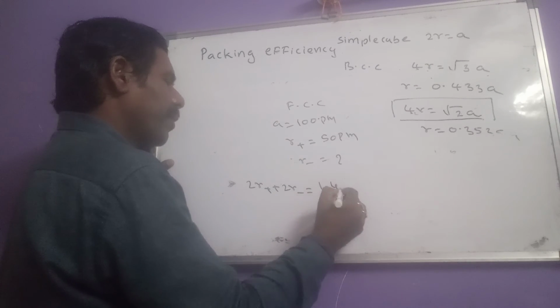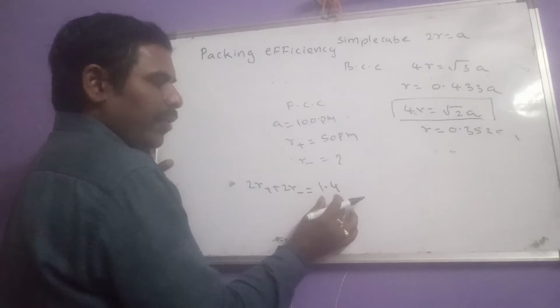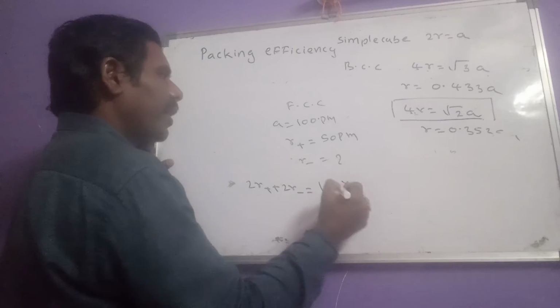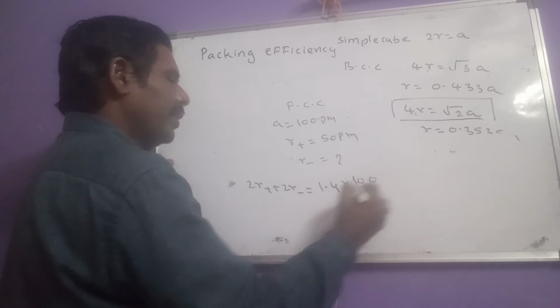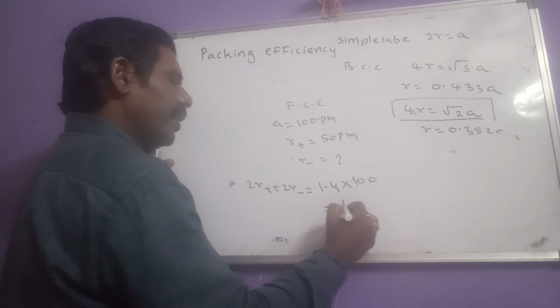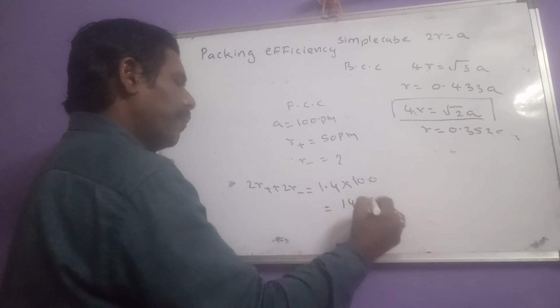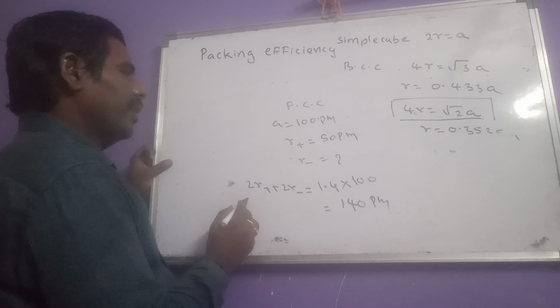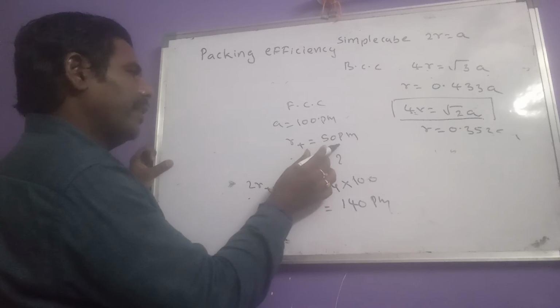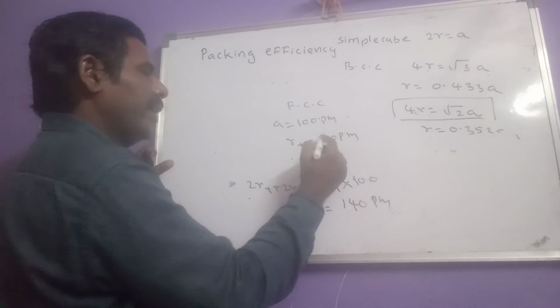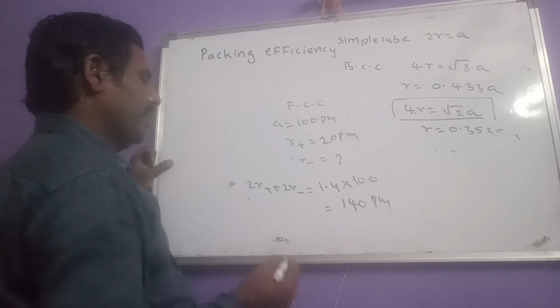Root 2 means 1.414. Take 1.4, enough. 1.4 into 100 means what can we get here? 140 picometers. And what is the radius of cation we have given here? Okay, take radius of cation 20 picometers.